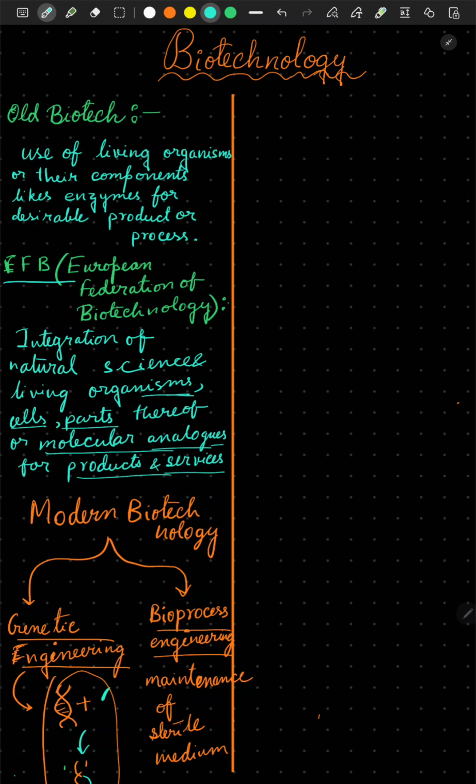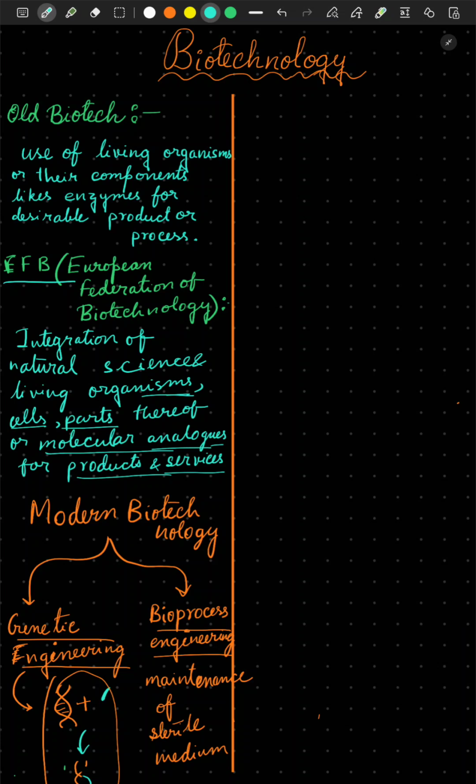That's why the traditional hybridization method often results in inclusion and multiplication of undesirable genes along with desirable genes. You might get your desirable genes, but you are also going to get some undesirable genes, which might cause mutation in your body. For example, you are making human insulin from E. coli.